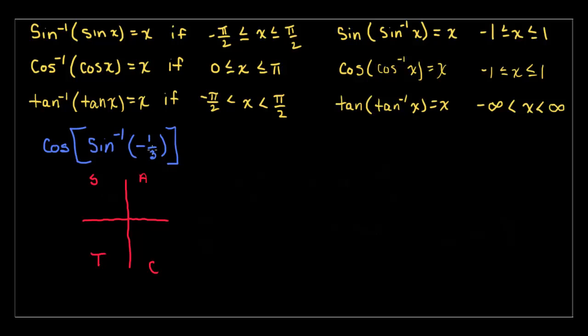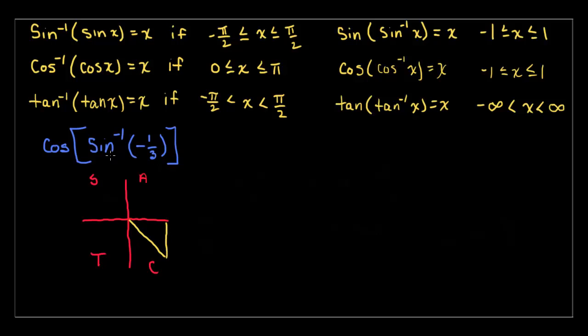We want the sine to be negative, so it's going to be either in the third quadrant or the fourth quadrant. But the inverse sine is restricted to the first and fourth quadrant. So we're going to draw our triangle in the fourth quadrant.